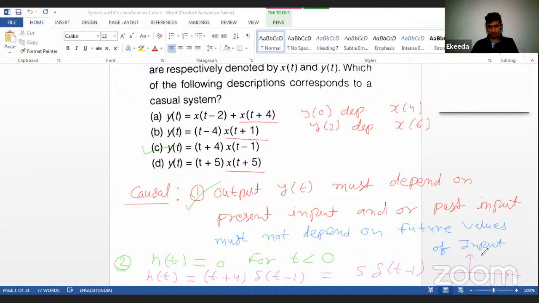This is time, and this is 5 delta(t minus 1). Sorry, it will exist here on the right hand side because t minus 1 is a right shift.